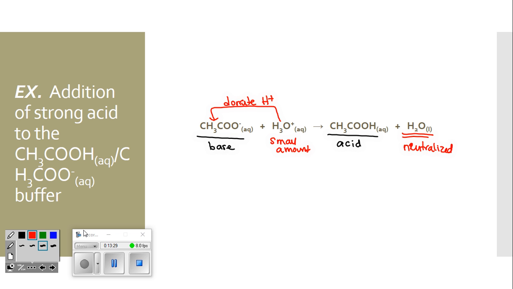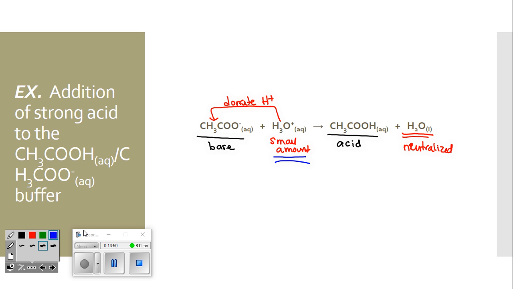Now, what's really, really important here is the small amount idea. I can't add large amounts. For a buffer to work, it can only neutralize small amounts of acid or base at a time. If you overwhelm the system, there's not enough reactant molecules to neutralize everything that you're adding.